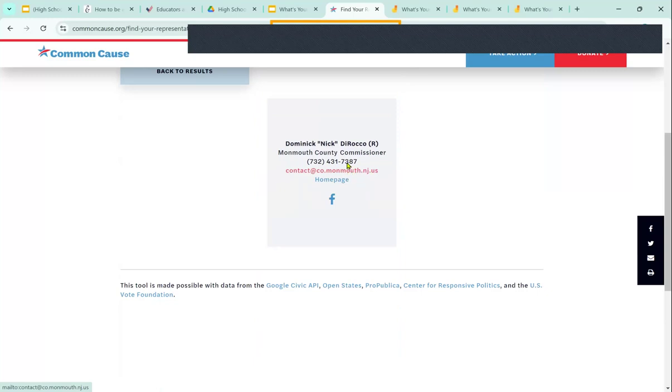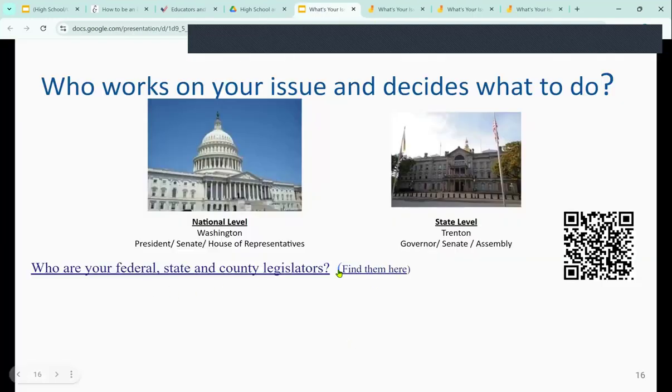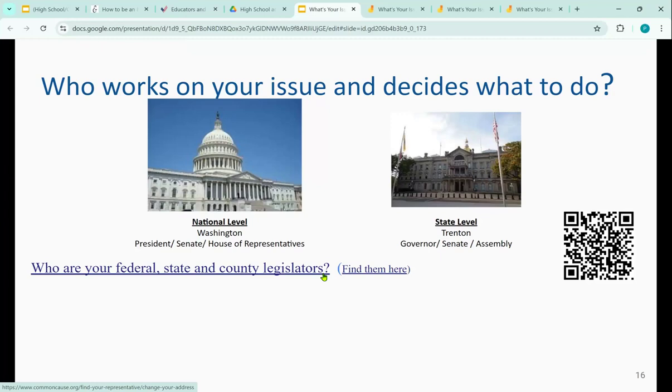There's an email address and there's also a phone number. So once you've decided what your issue is and what level of government you're going to have to address to work on your issue, then you can find out who the actual person is by going to commoncause.com.